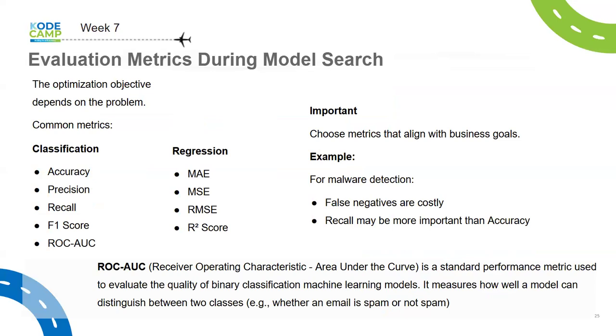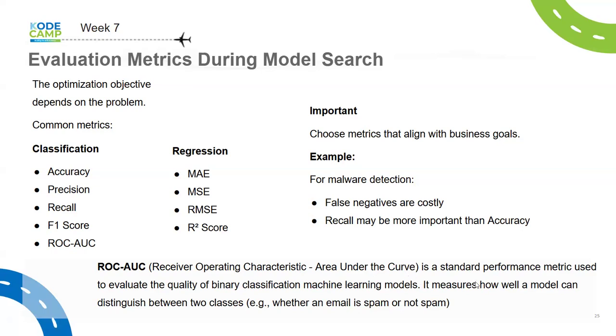Okay, so when we are doing grid search, one last thing is, what are the things that you look at when you are doing model search? How do you measure? I think we've talked about that, so I'm not going to dwell on this. But for classification problems, you use accuracy, precision, recall, F1 score, and the ROC-AUC. ROC-AUC is the receiver operating characteristic area under the curve.